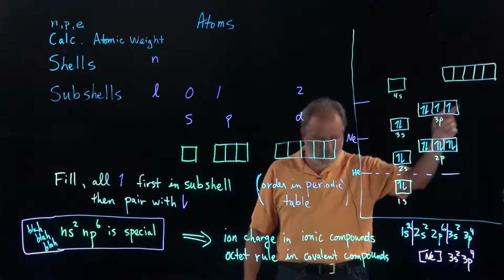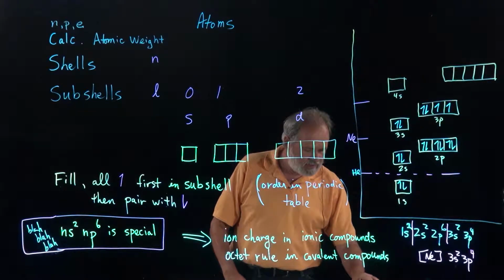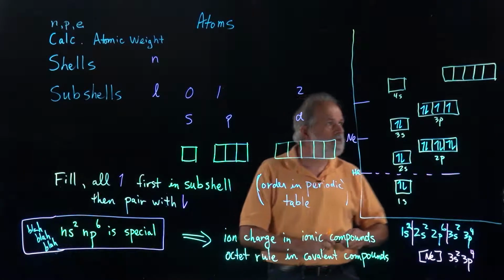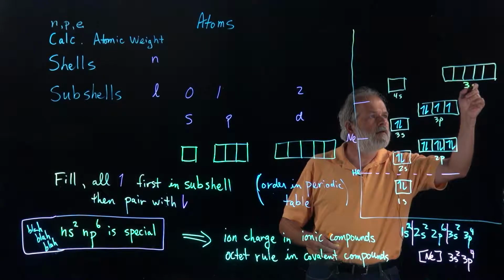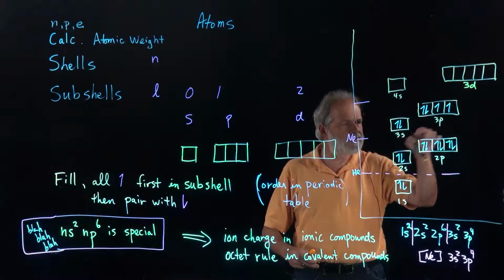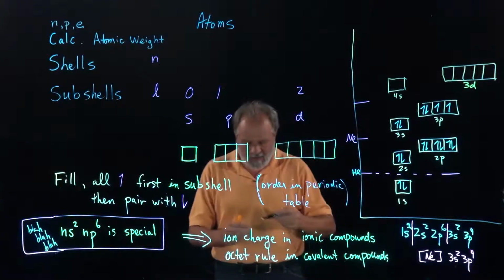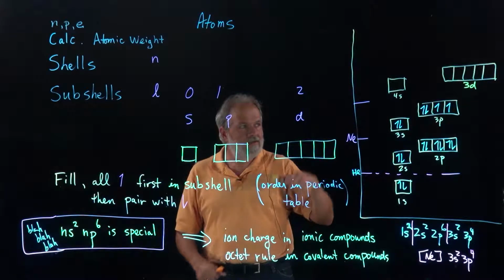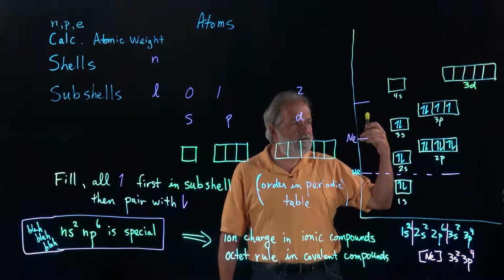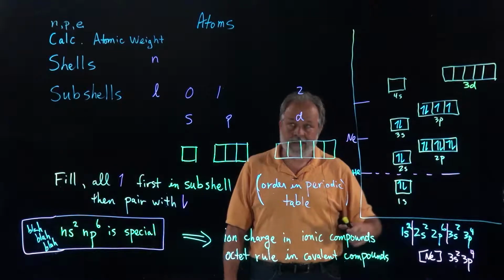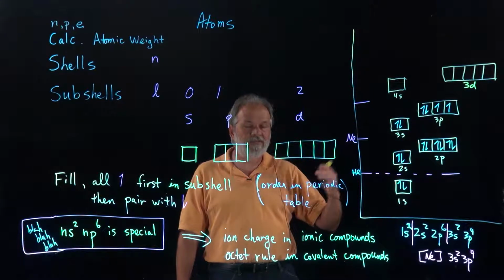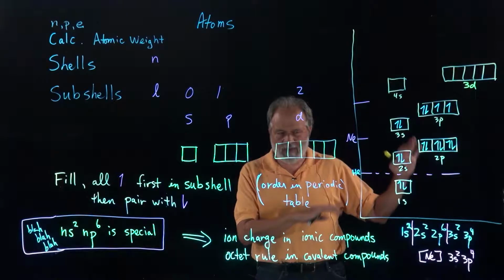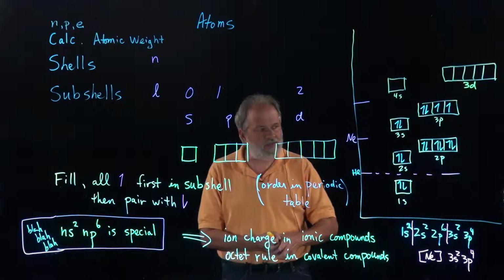Shell 3 has 3 types of orbitals, and I did not write down 3D, but has 3 types of orbitals, 3s, 3p, 3d. And when you look at shell 4, it has 4 types of orbitals, 4s, 4p, 4d, 4f, and then shell 5 would have up to g's and so on. That's way past where we're going to concern ourselves with.